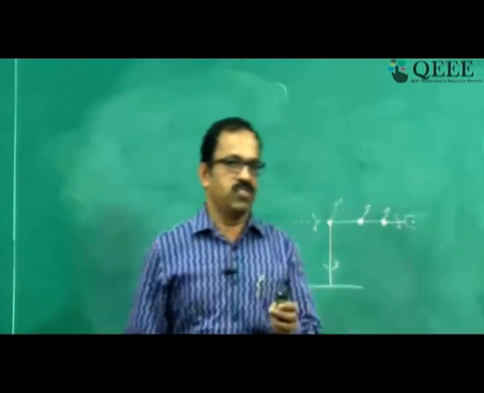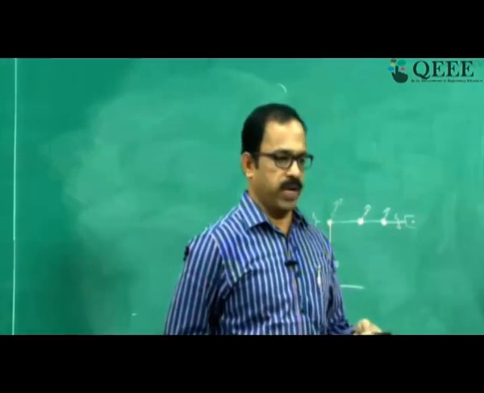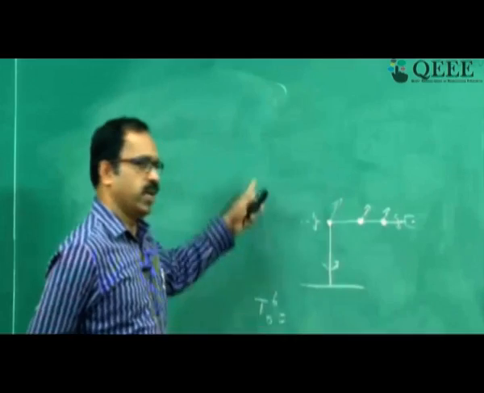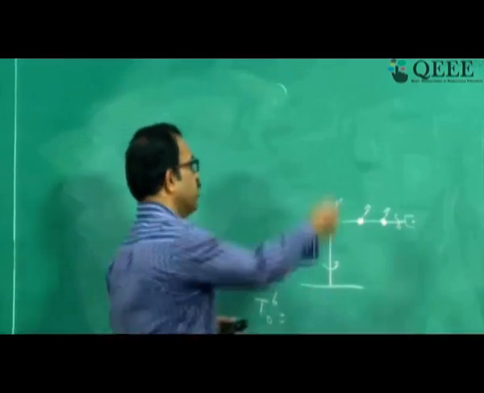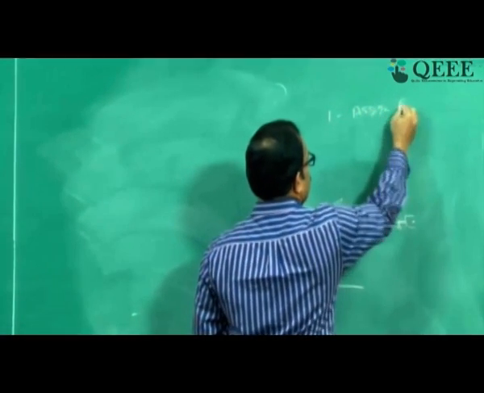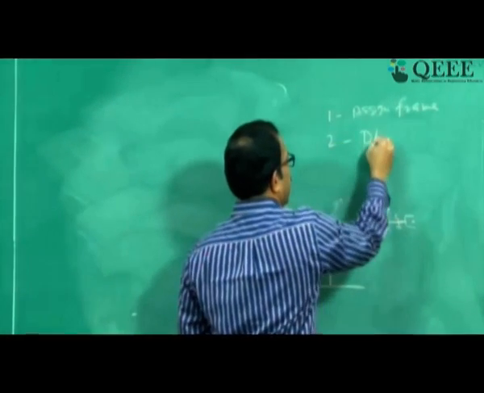The first part of doing the kinematics is basically to get the coordinate frames assigned, and once you assign the coordinate frames, identify the points and get the DH parameters. So the first part is to assign coordinate frames, then to get the DH parameters.